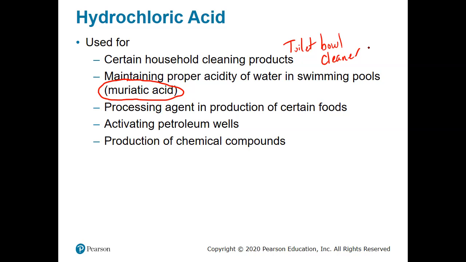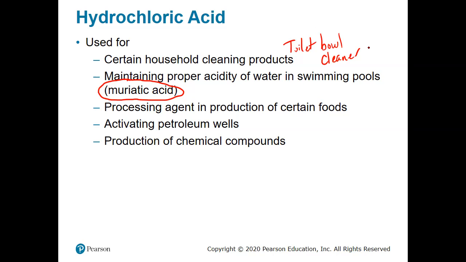Now, if your toilet product uses bleach in some kind of way, it's not going to use hydrochloric acid. Its cleaning agent is bleach. But Snow Bowl is probably one of the more common trademark names for hydrochloric acid based cleaners.